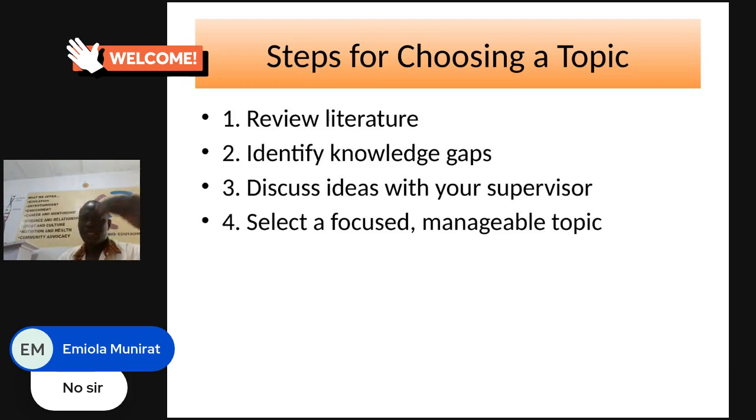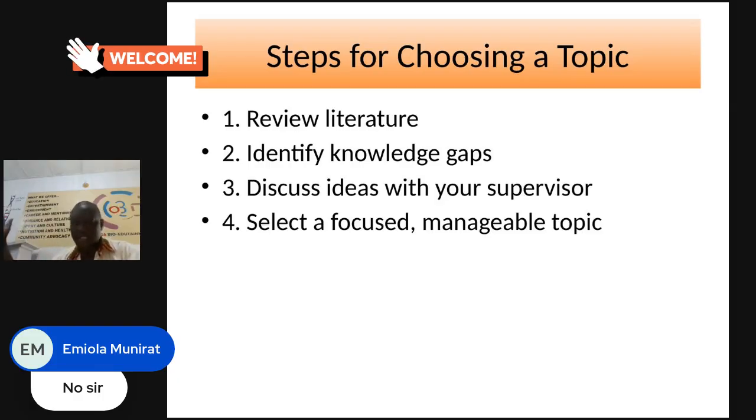Then again, these are the first steps of choosing a topic. The first one is that you review your literature. You read journals, you read a lot of articles online, websites, you read a lot about your area, that is microbiology. Then the next thing is that you will be able to identify the knowledge gap.